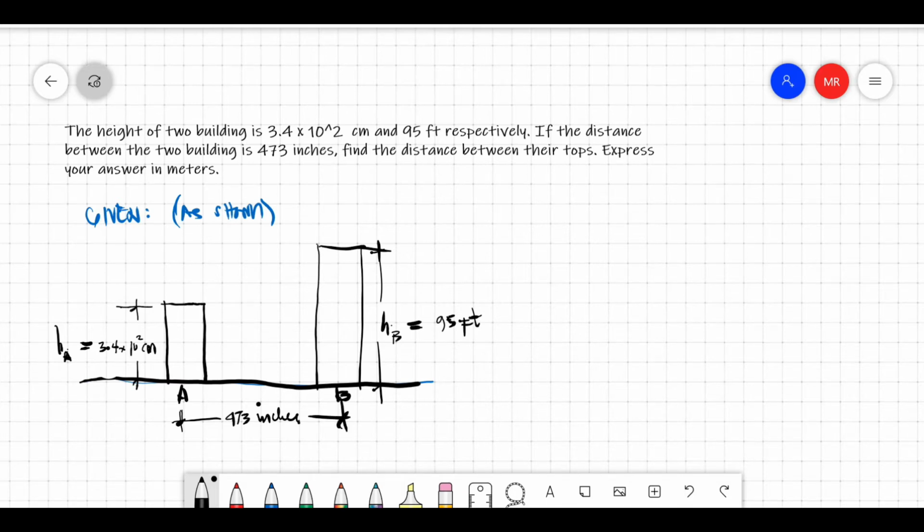Okay, so find the distance between their tops. Express your answer in meters. So we are being asked to find this distance between their tops.